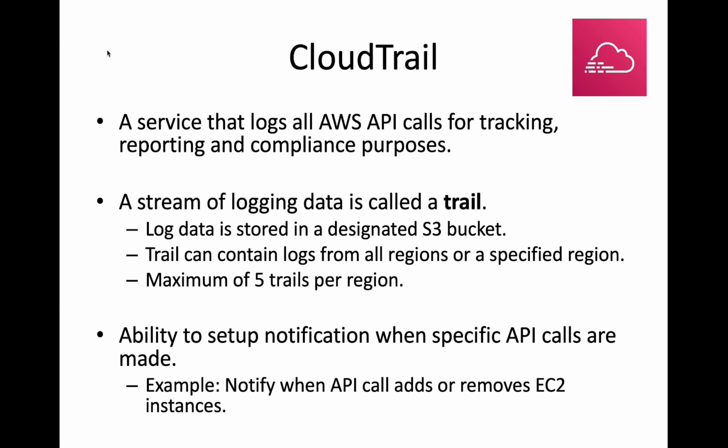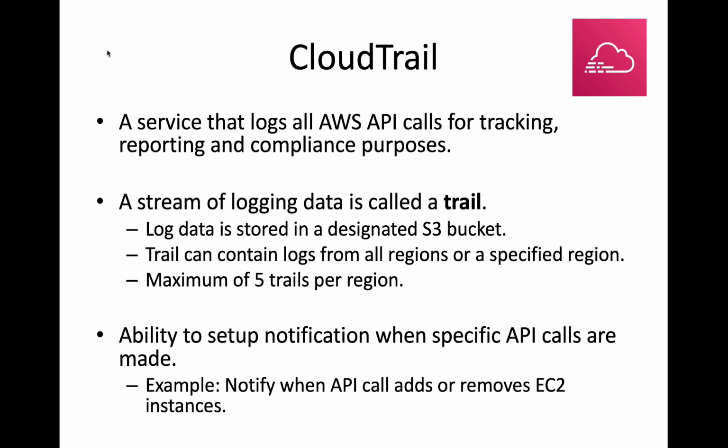Why would you want to log all of the API requests made in your account? You might want to log them for tracking, security, and compliance purposes. A lot of companies have compliance requirements where they have to maintain a log of all service requests and service changes within their environment. CloudTrail is the service which allows you to provide that sort of auditing and compliance.